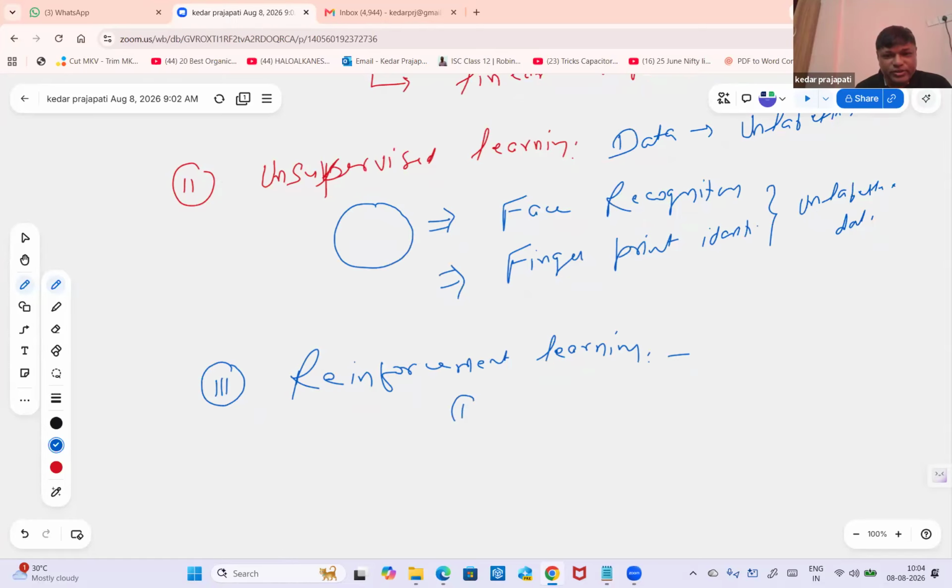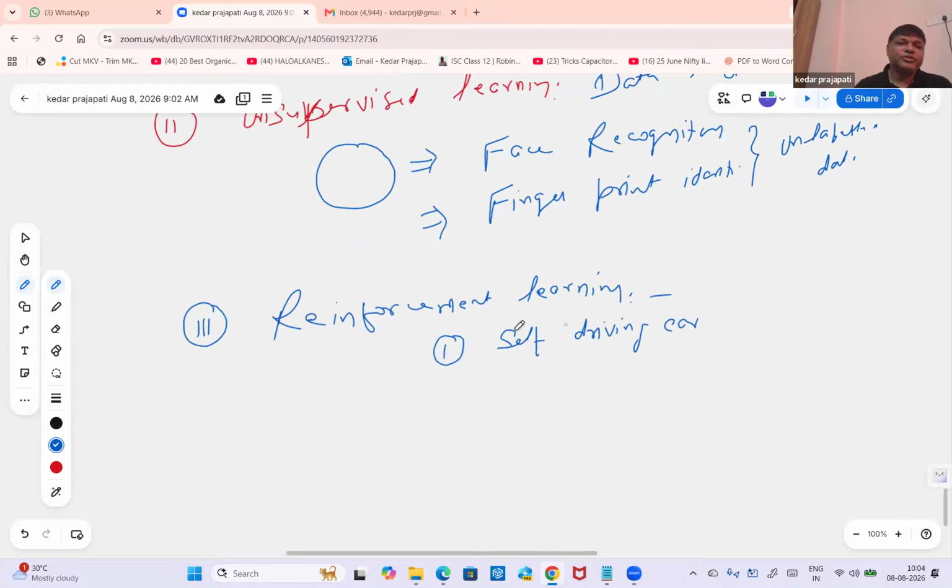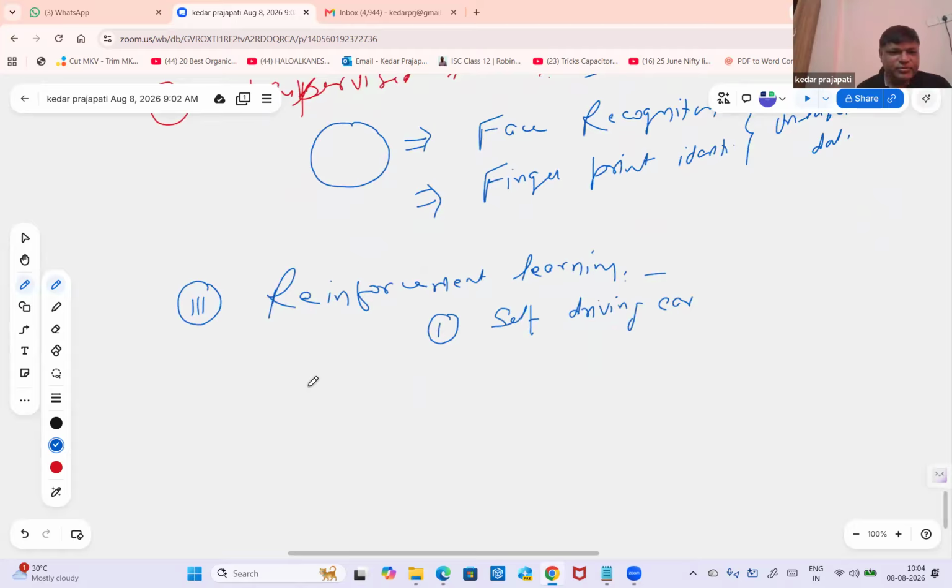Suppose someone is creating, maybe Tesla has given a self-driving car. So what happens in reinforcement learning? It is a kind of trial and error. It is called the trial and error model.